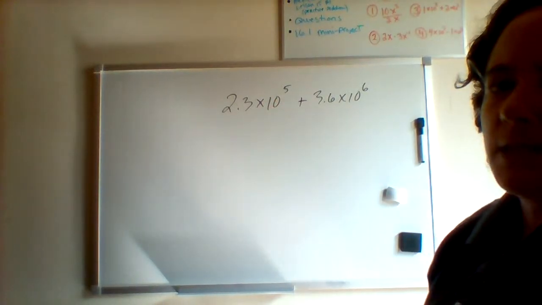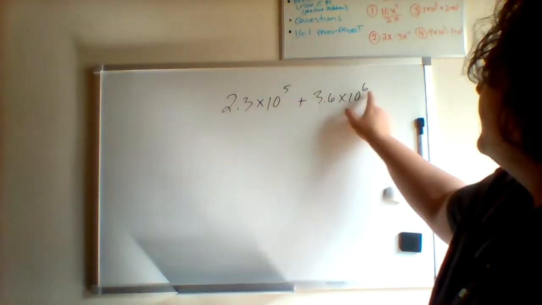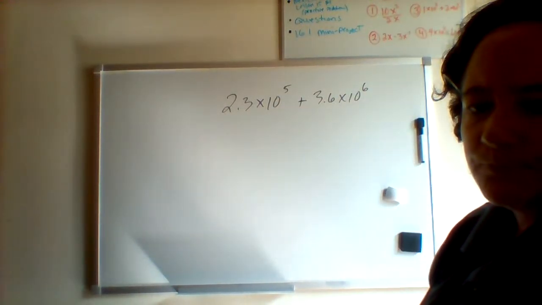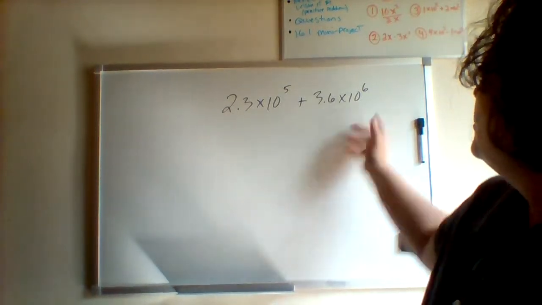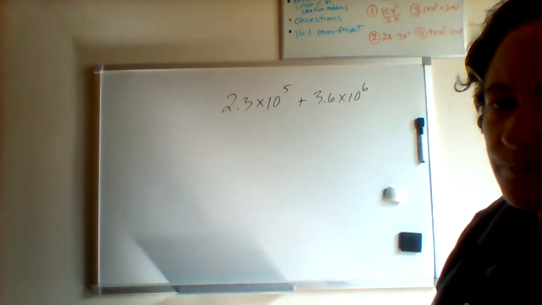So let's make them the same. Let's make them either both the 5th or both the 6th power. Pick one for me. Do you want to make this one the 5th power or this one the 6th power?